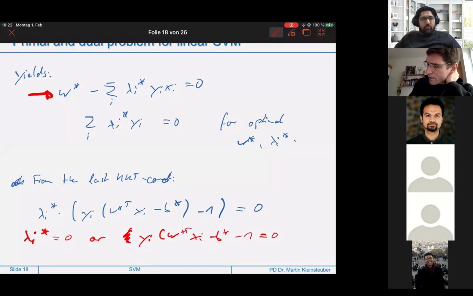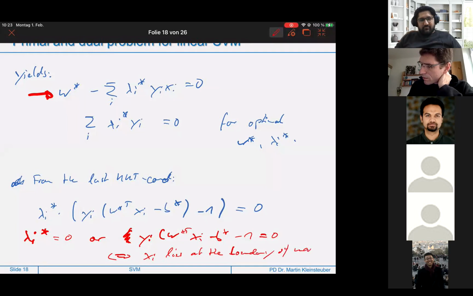Okay, so either lambda I is 0 or this is 0, which is equivalent to saying that xi lies at the boundary of the margin. Two possibilities. Either the xi lies at the boundary of the margin, or the lambda I star is 0. We only have these two possibilities.